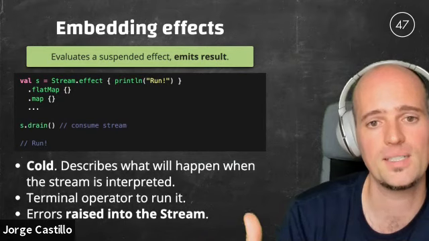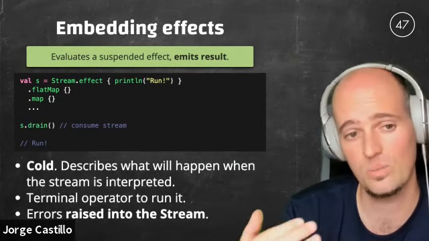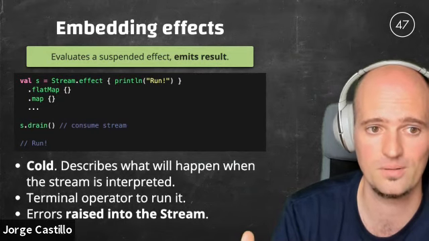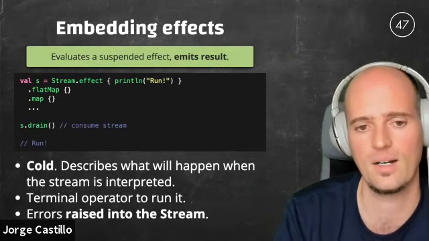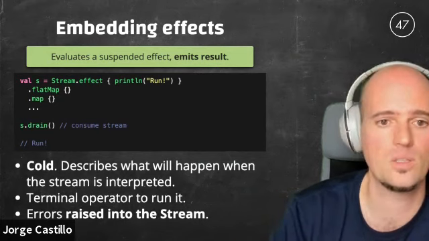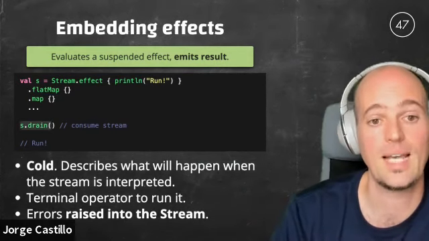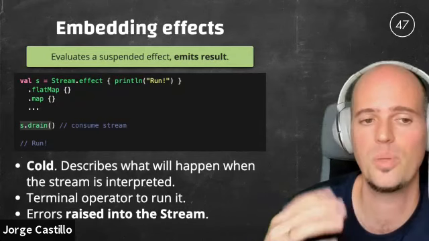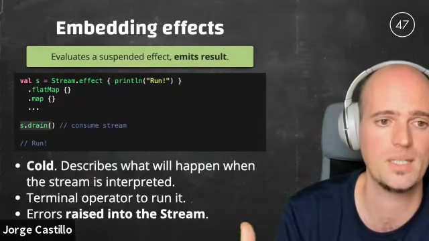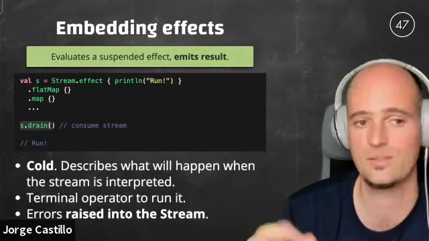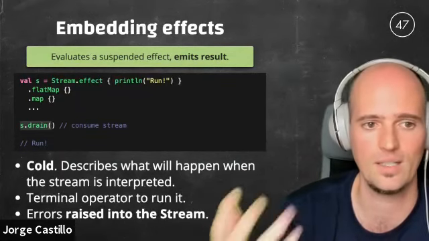So what you get there is a description of an effect that will take place whenever you start consuming the stream, but not before. Again, we stay under the declarative world. And then you need to provide a terminal operator to consume it, like this drain we got here. That's the place where you convert all your pure declarative program, which is suspended, into an actual unsafe thing that is finally running all the side effects.